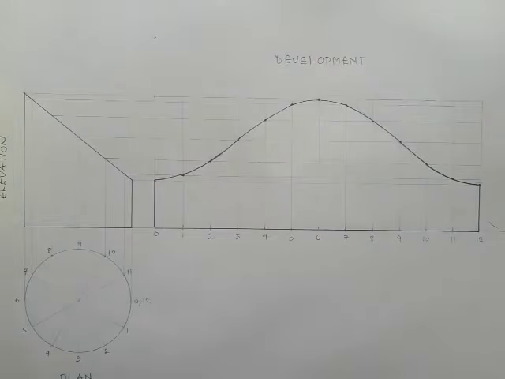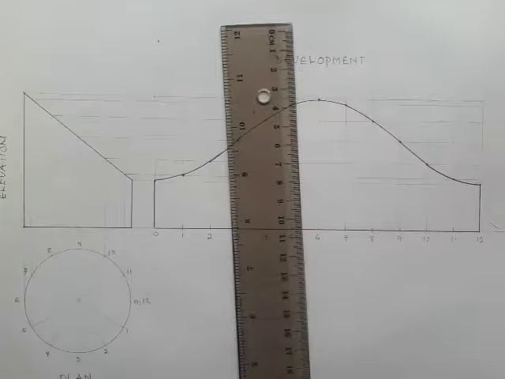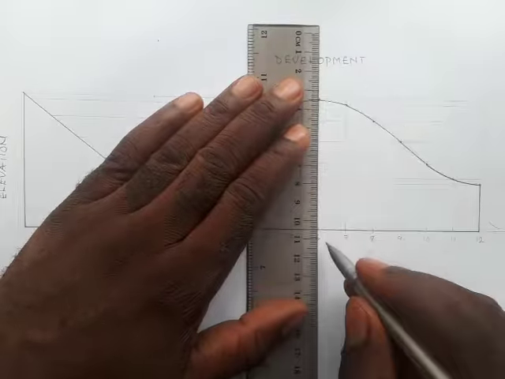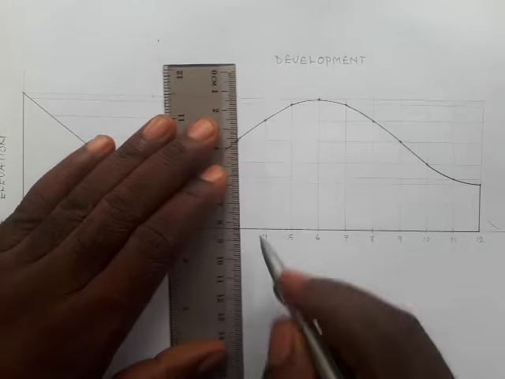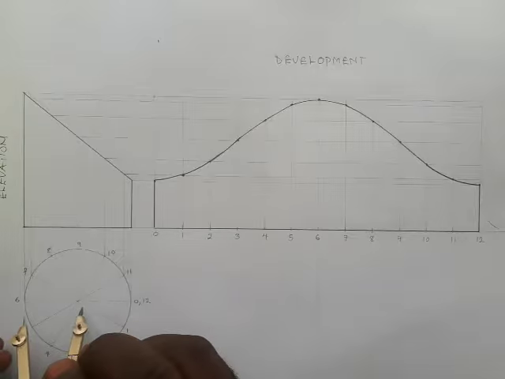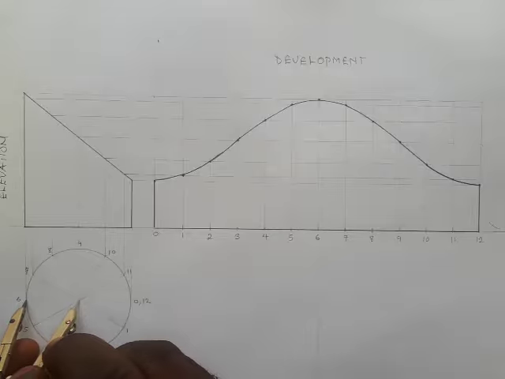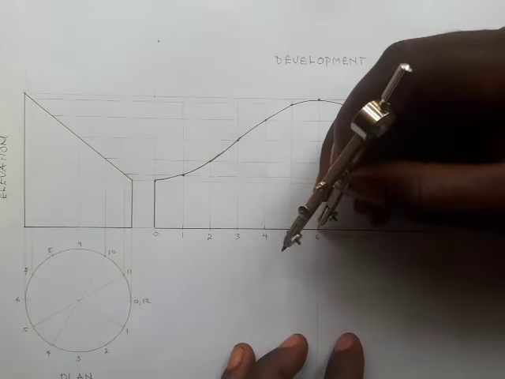So what you do is just extend the line, choosing any point of your choice. Extend any of the lines. So if I'm choosing 6, I will extend 6 out. All right, like this. If I'm choosing 5, I will extend 5. 3, I will extend 3. Any line or any point rather of your choice. Now check the radius of this circle you drew, which is 2.8, I guess. Yes, 2.8. All right, now needle here on 6.